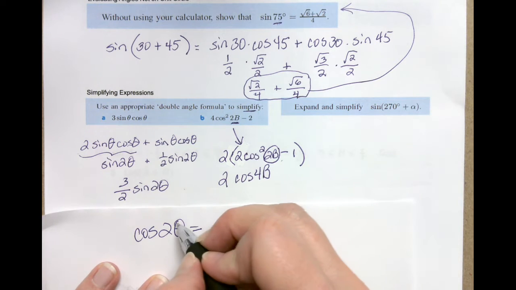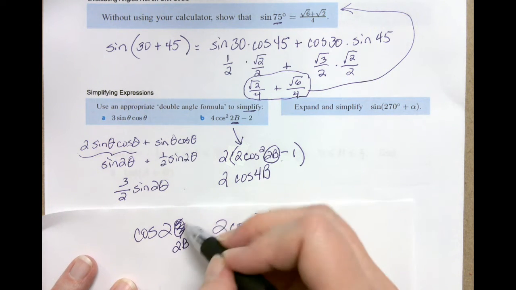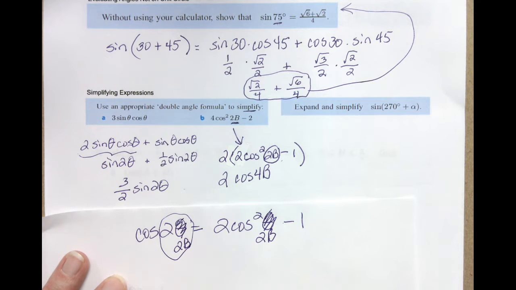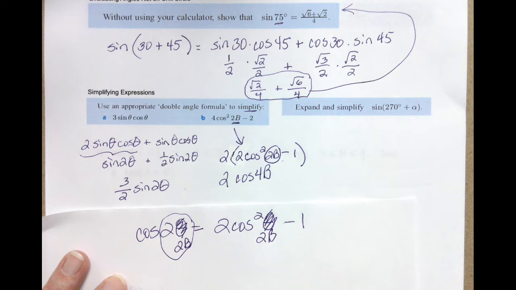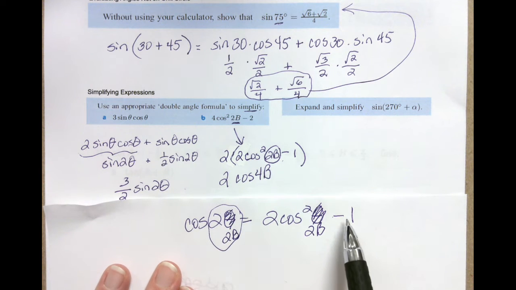Then for theta here, put 2b, which would make 4b. Does that make sense? Yeah, that's what I did. The original is straight from the formula booklet, but I just improvised that 2b there.